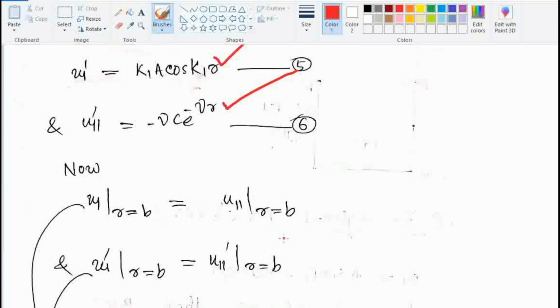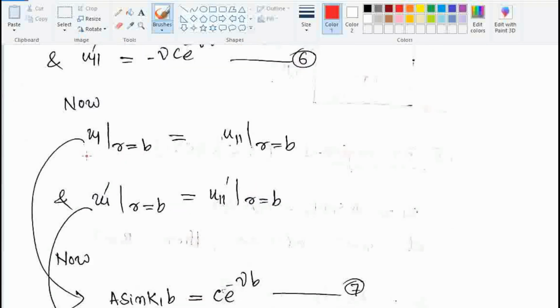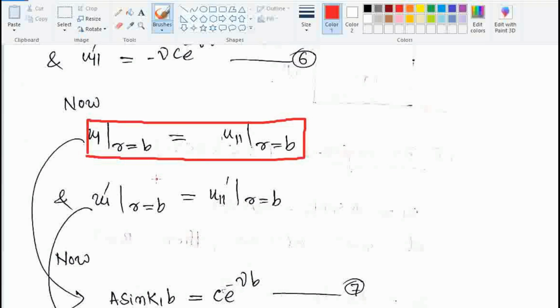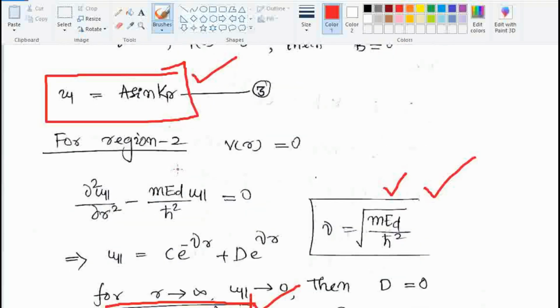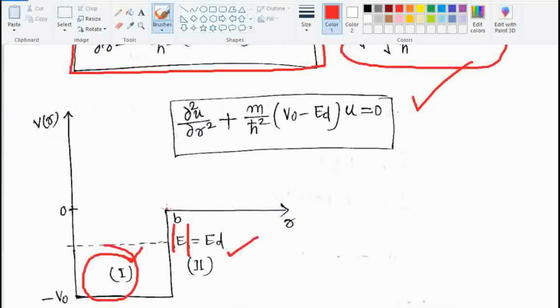Then we have to impose a property: at r equal to b, both wave functions should be the same. Like you see here, the wave function is coming like a sine wave, and after this r equal to b, it has a decaying nature. Notice this point, at this point the wave function should be continuous. That is the property.